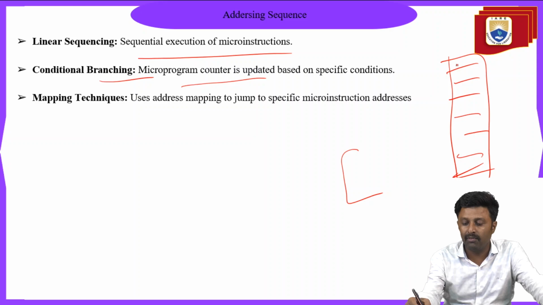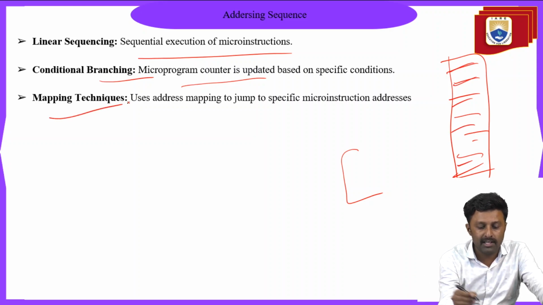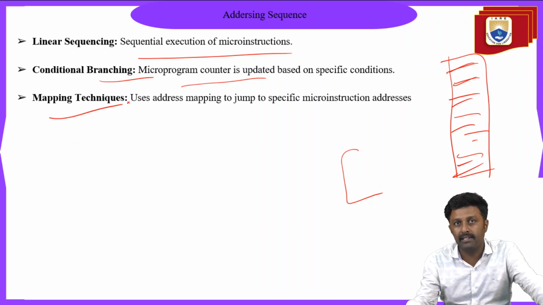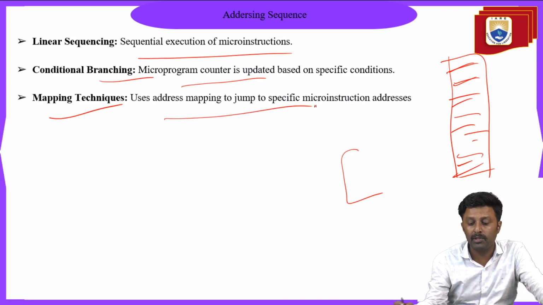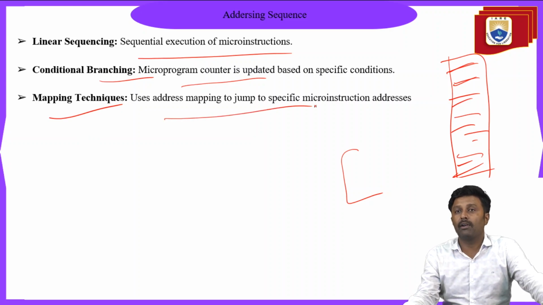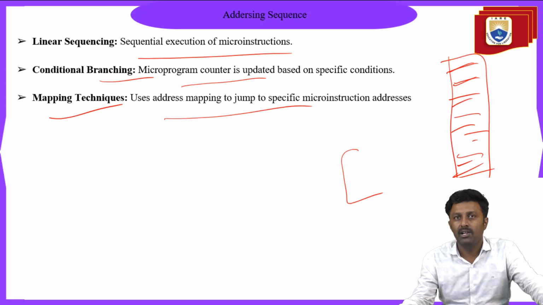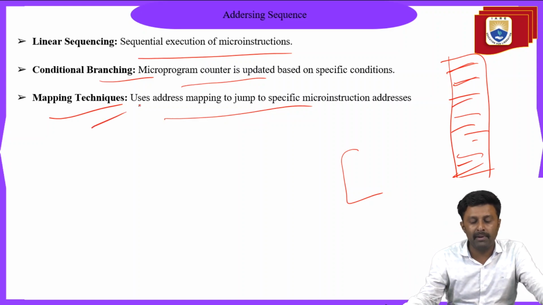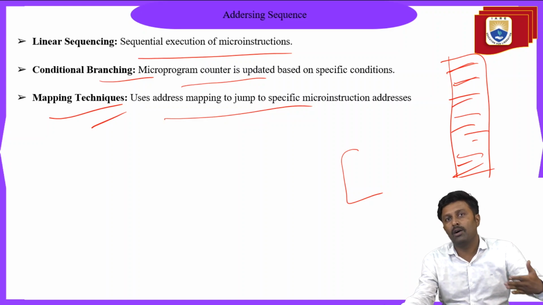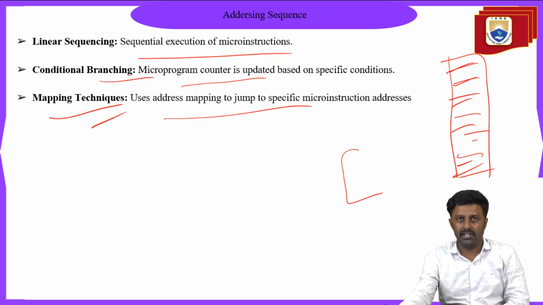Whereas in the linear one, the instructions are executed one by one. In mapping techniques, address mapping is used to jump to specific microcontroller addresses. So if you want to execute a specific instruction, we can do so with the help of these mapping techniques.